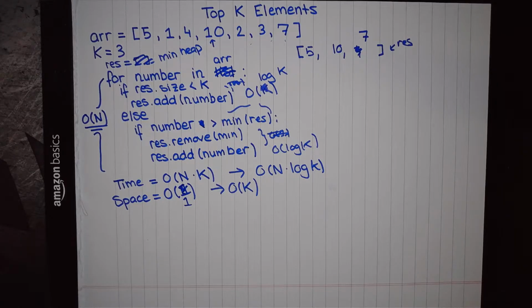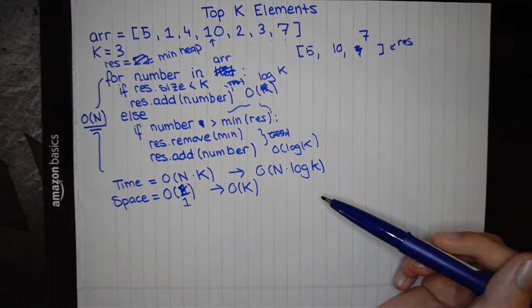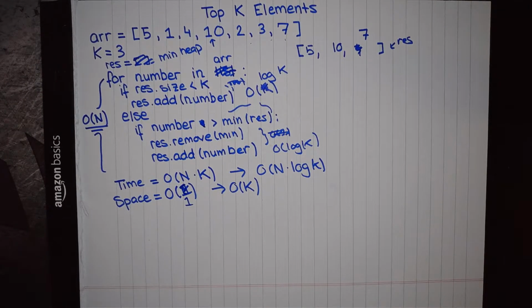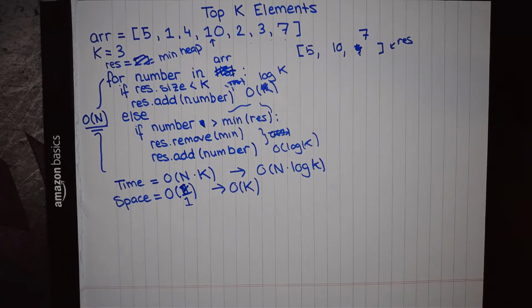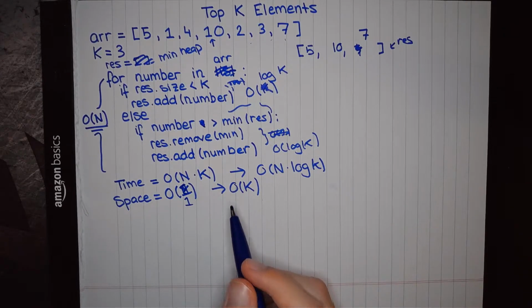But this is actually pretty good. We just reduced from O of nk to O of n times log k, and you can consider that if k is a really, really big number, this scales a lot better. And the space complexity is definitely something you'd want to mention to your interviewer. But it's not that big of a deal in general computing.